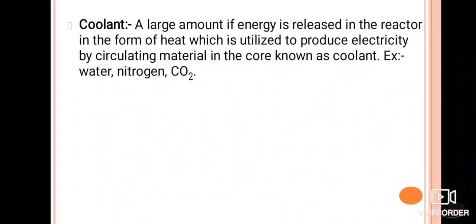As a result, steam is also produced, which is used to generate electricity. The materials circulated in the core are water, nitrogen, as well as carbon dioxide, and sometimes heavy water is also used as a coolant.